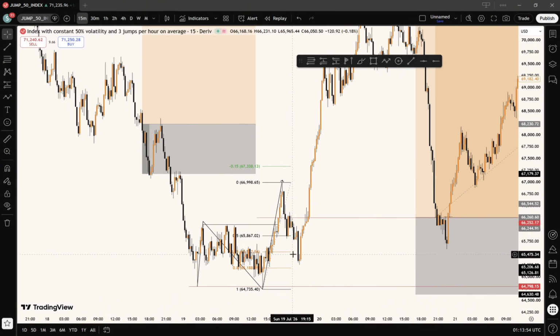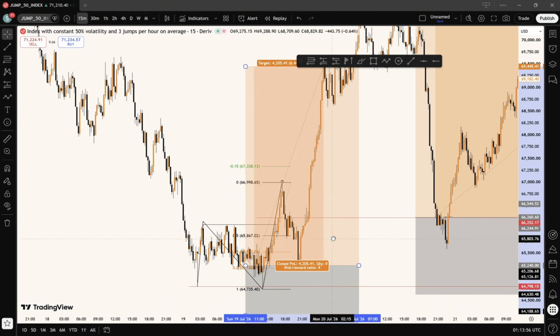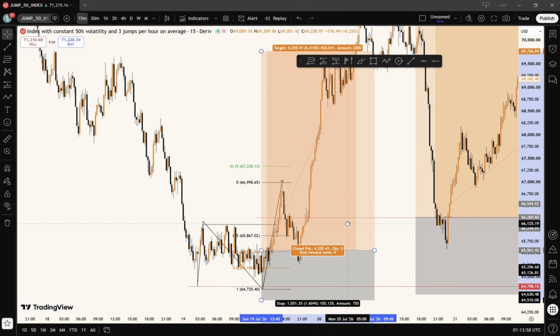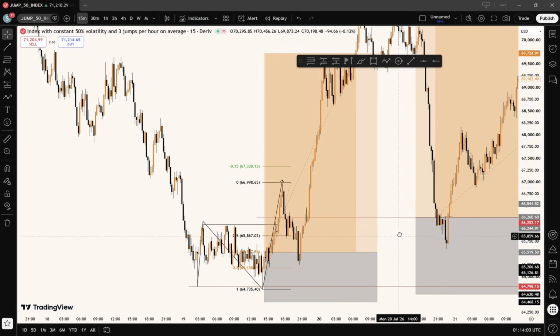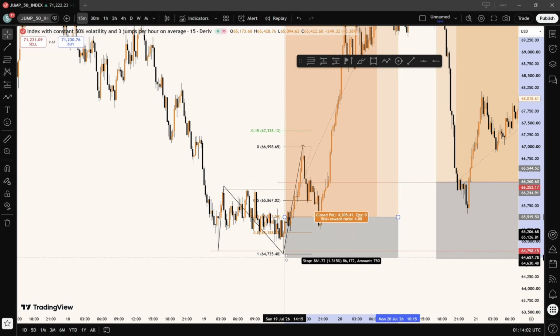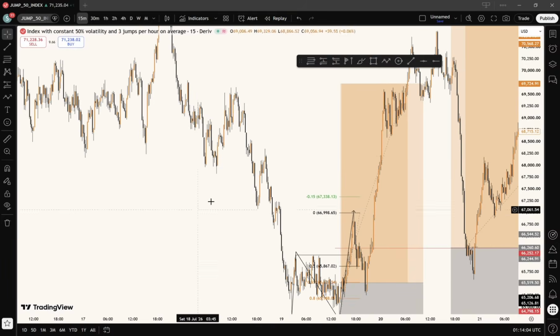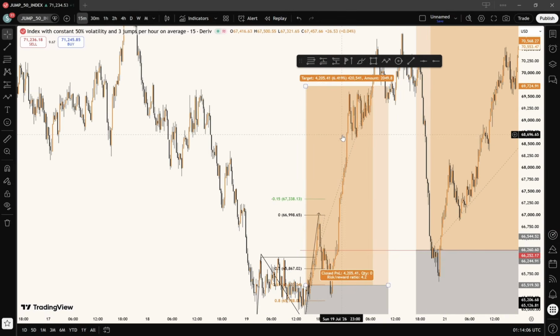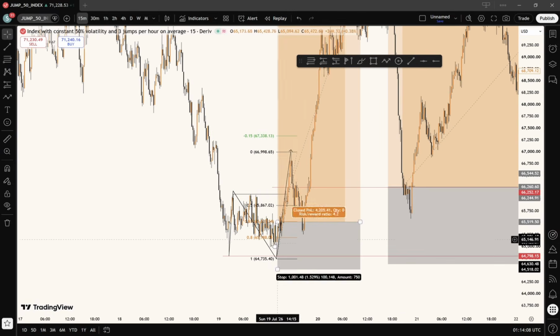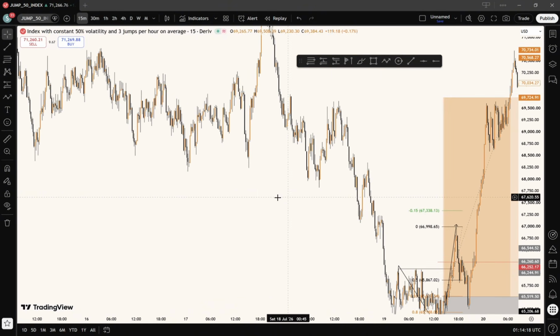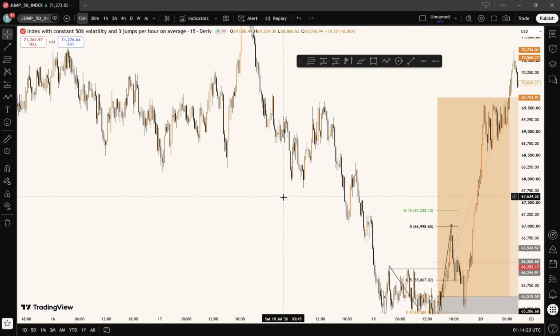So something like this, I'll use the orange zone, then put my entry at the orange zone, then SL here, then target the nearest high here, which is about 1 to 4. So that is the basic market structure shift. Then looking at, what do they call it, failed swing, let's look for that.